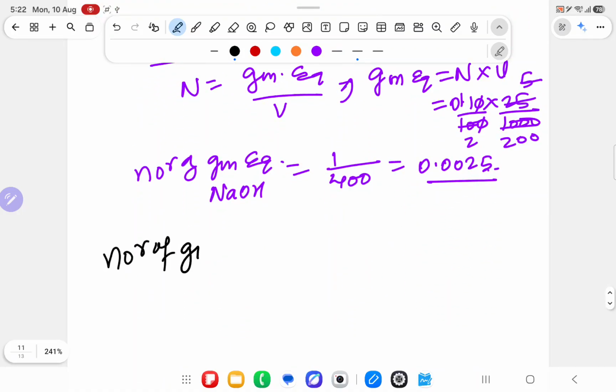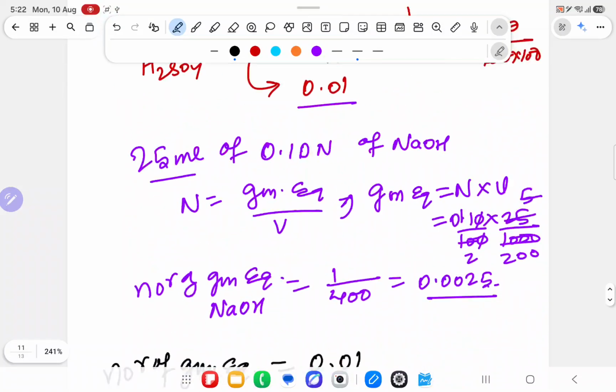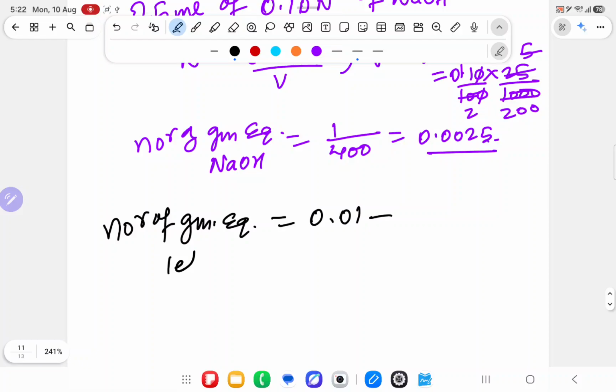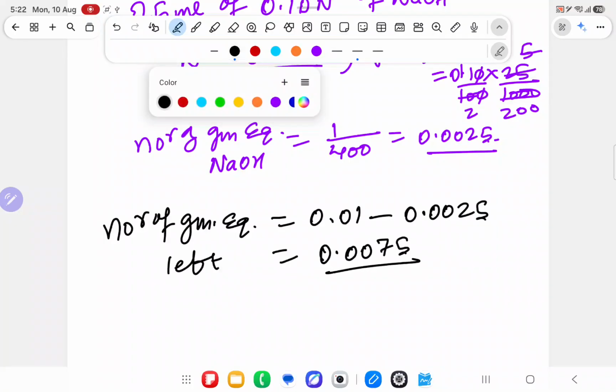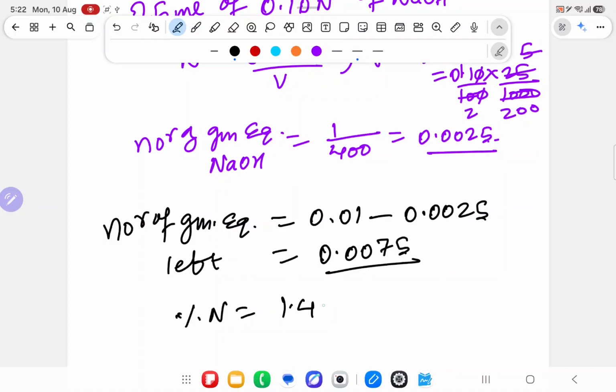The number of gram equivalent left is 0.01 minus 0.0025, because some is getting neutralized. It is coming 0.0075.